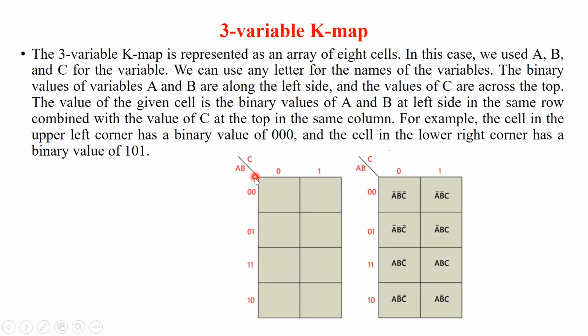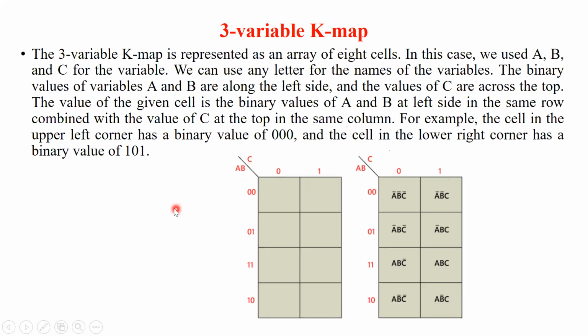AB means 2 variables, 2 raised to 2 is 4, so here I am having 4 combinations. So 4 rows are there. Again, remember 0 0, 0 1, 1 1, 1 0. This is something I showed you in the last slide. And then for C, I have only 1 variable, so 2 raised to 1 is 2. So I have only 0 and 1.